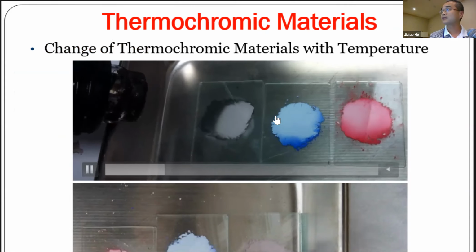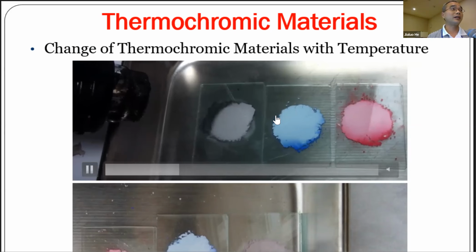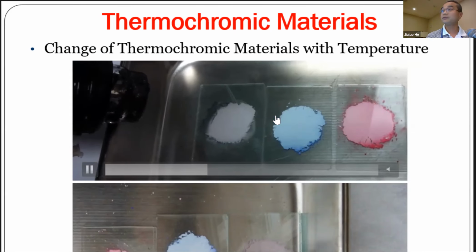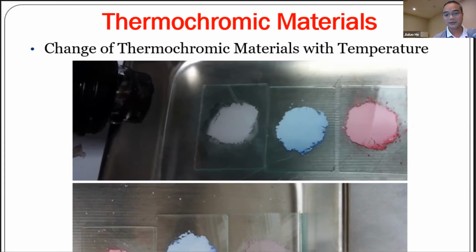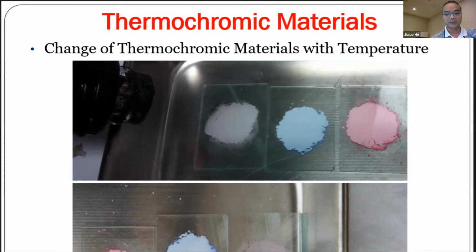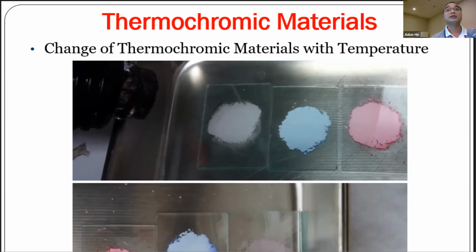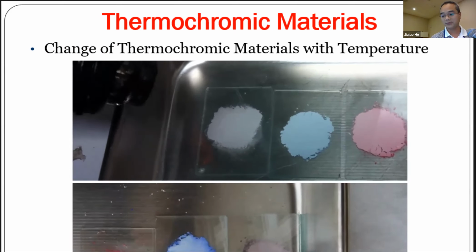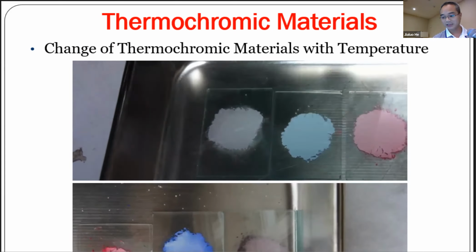When the temperature rises, the color becomes lighter, so it becomes more reflective. When the temperature decreases, it becomes darker, which means it becomes more solar absorptive. So it helps deal with both extremes, high temperature and low temperature. That's what we are trying to explore.